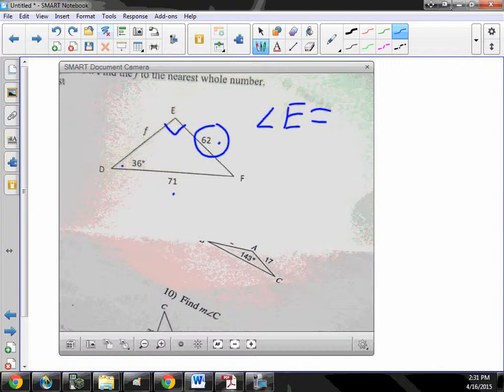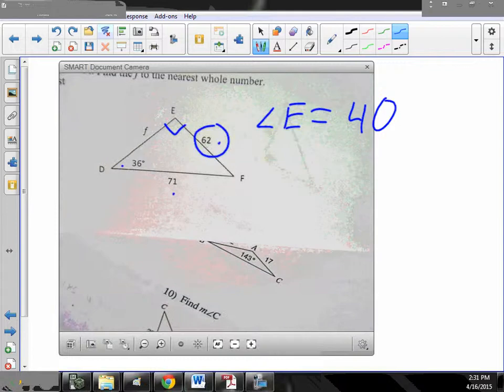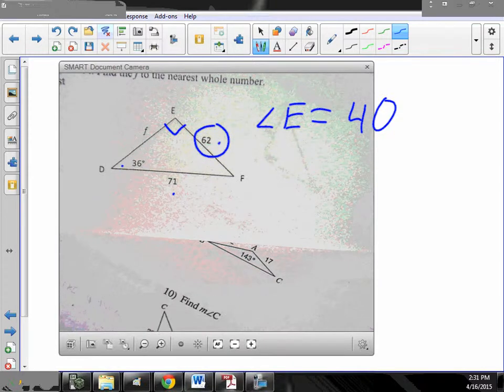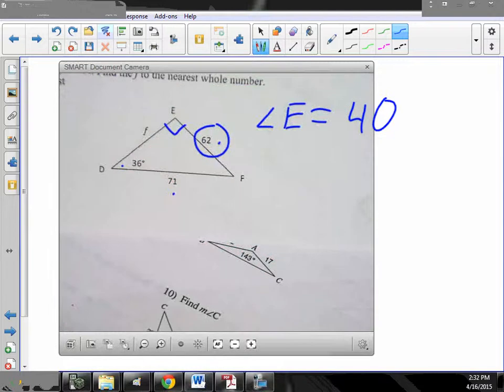Okay? Now, let's say the angle E is 40. What does that tell me? I know it's asking for angle F, but we can't figure that out until we know what angle E is. So, what if angle E is 40?